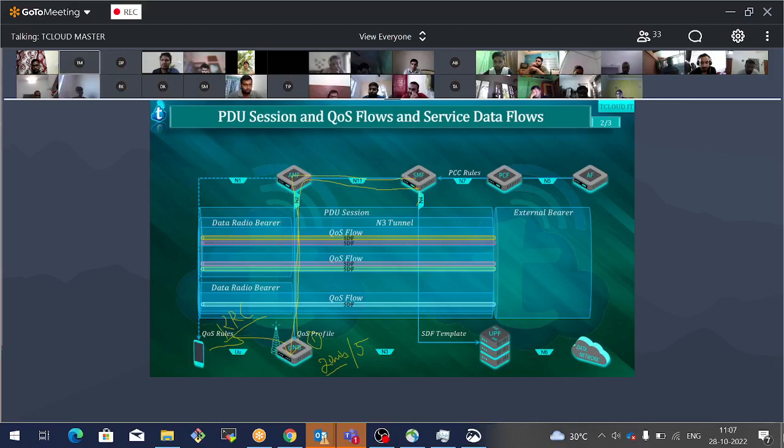That radio bearer must be associated with what quality of service, what priority, etc. The priority values are actually coming in this QoS profile. The same details are converted into RRC information and provided to the mobile: this is the quality of service we are going to follow from now onwards. It conveys the details by using RRC procedures.